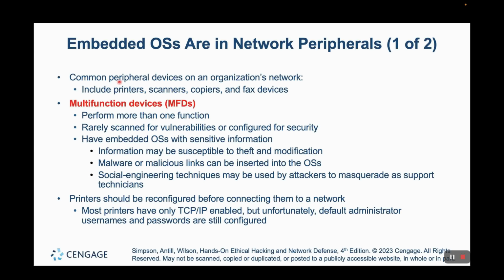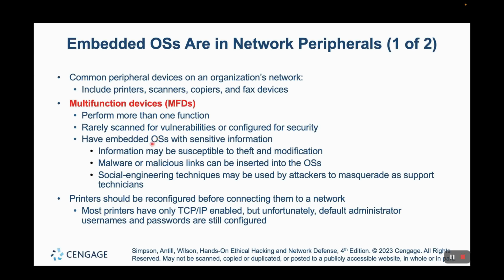Now, there are common devices on the organization network, like multi-function devices. They have a printer, scanner, copier, and fax machine. So you could see that they do more than one function. They are rarely scanned for vulnerabilities or configured for security. They do have embedded operating systems and sensitive information.